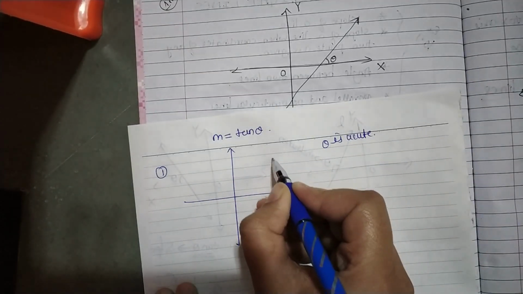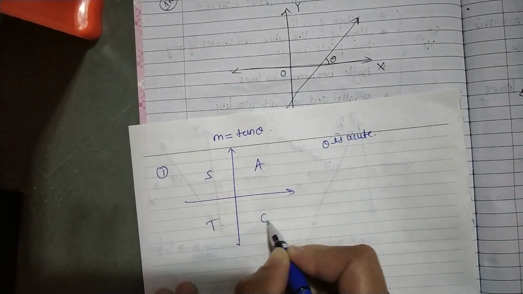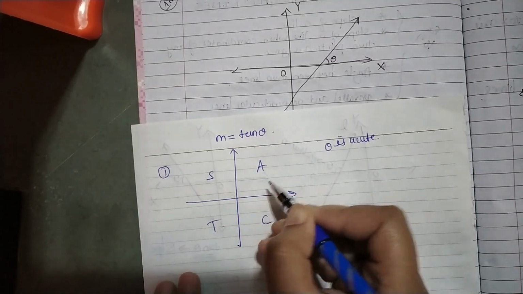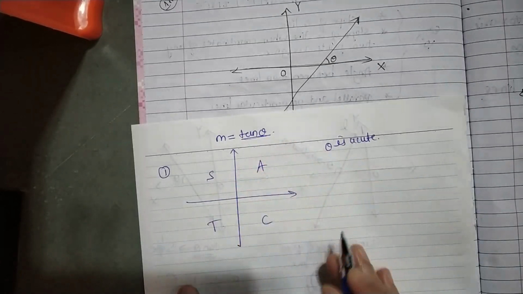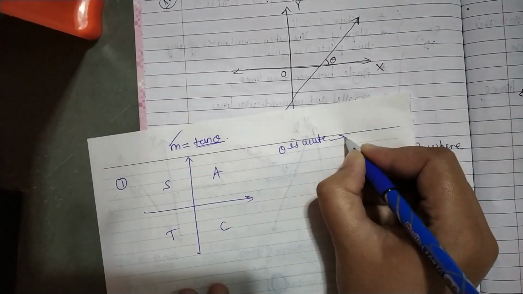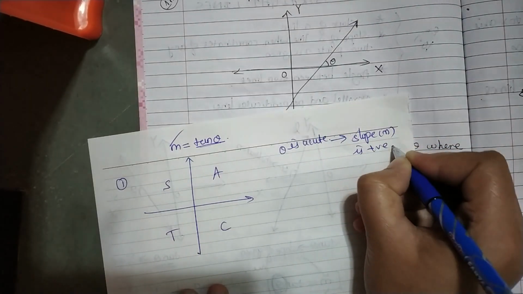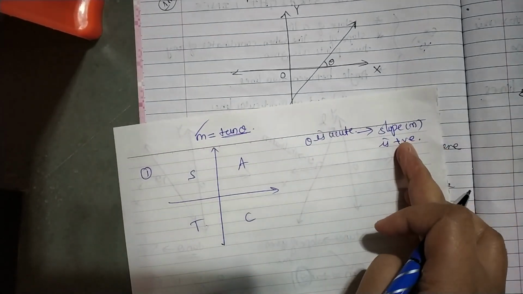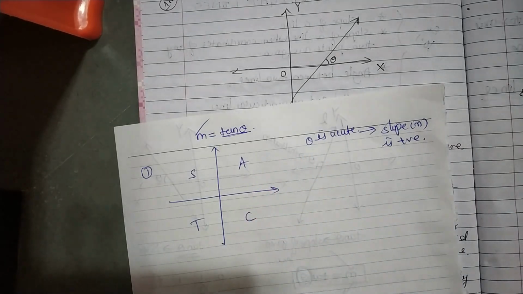In the first quadrant, all trigonometric functions are positive according to ASTC rule. That is, tan theta is positive. Therefore, tan is positive means m is positive. So when theta is acute, slope, that is m, is positive. And conversely, if slope is positive, it is understood that the given angle is acute.